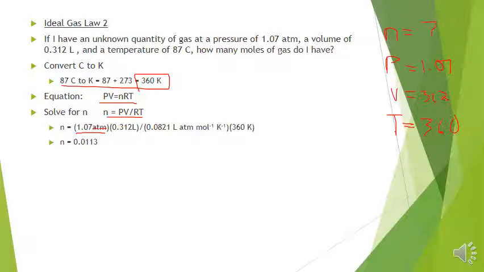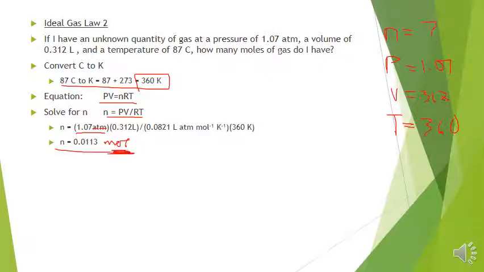So 1.07 times 0.312 divided by 0.0821 divided by 360, and your answer is 0.0113 moles.